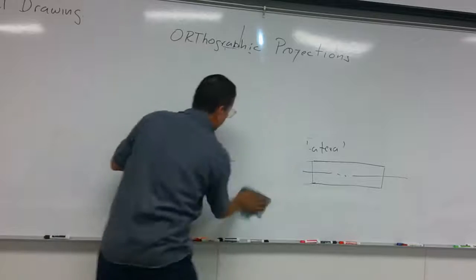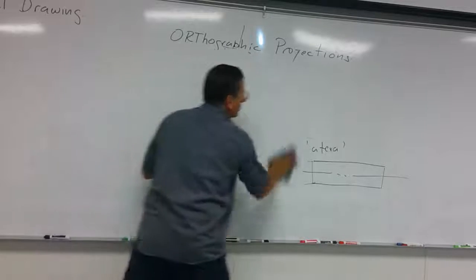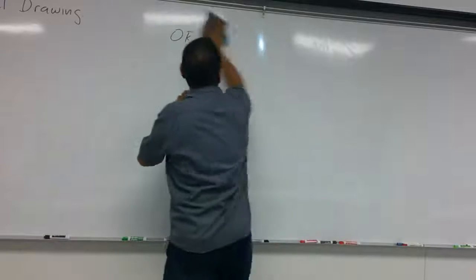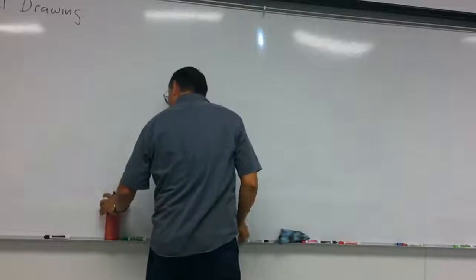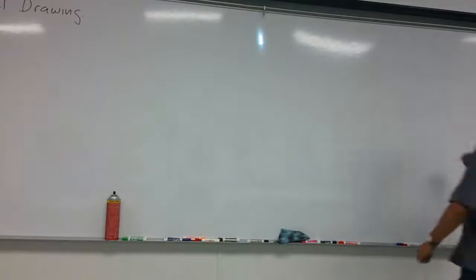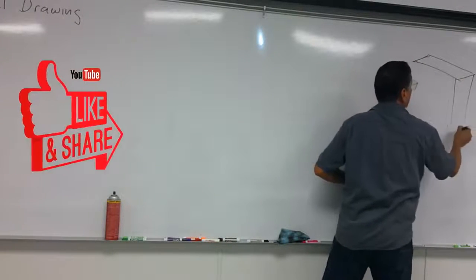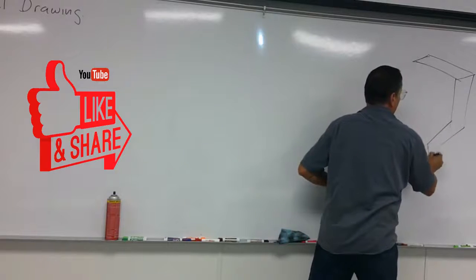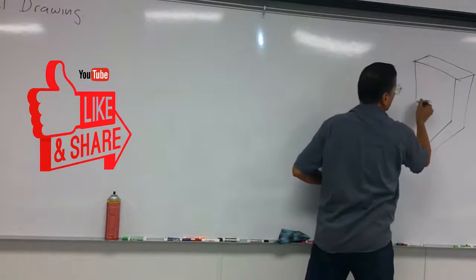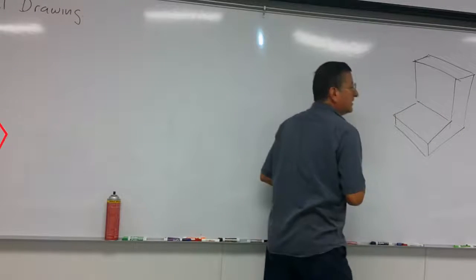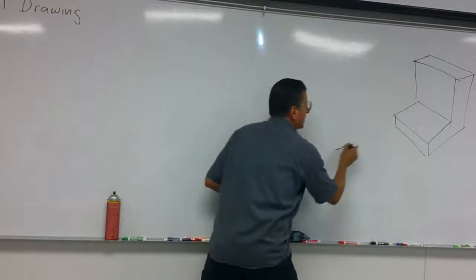Okay, we are going to change the object, and we are going to play a little with the imagination. And suppose that I have this object. We are going to check that object.